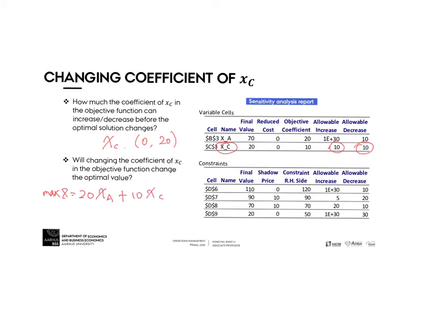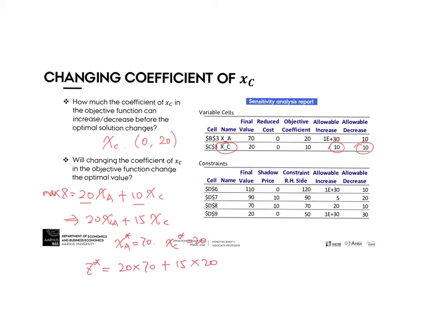For example, you increase the objective coefficient of c to 15xc. Because the optimal solution is not changed, xa is still 70, xc is 20. So you get a new optimal value, 20 times 70 plus 15 times 20.